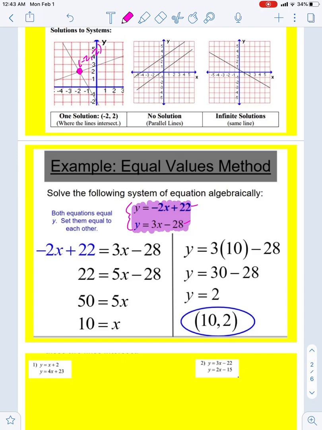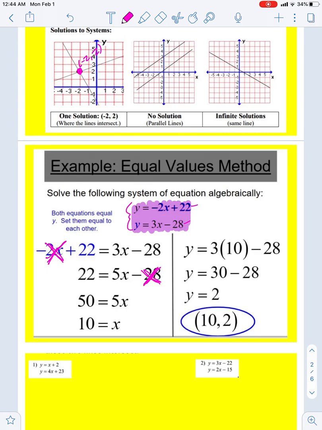Then I'll add 2x to both sides to cancel this out right here, which would leave me with 22. And then 3x plus 2x is 5x. Then I'm going to add 28 to both sides to cancel this out right here, which would give me 50 is equal to 5x. And then I would divide by 5 on both sides to get 10 is equal to x. Now we also have to solve for y.